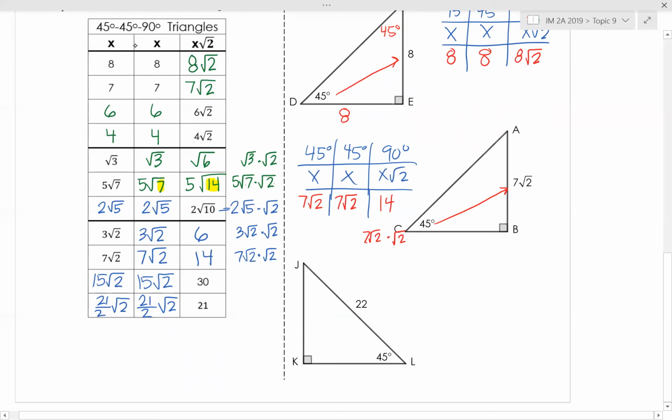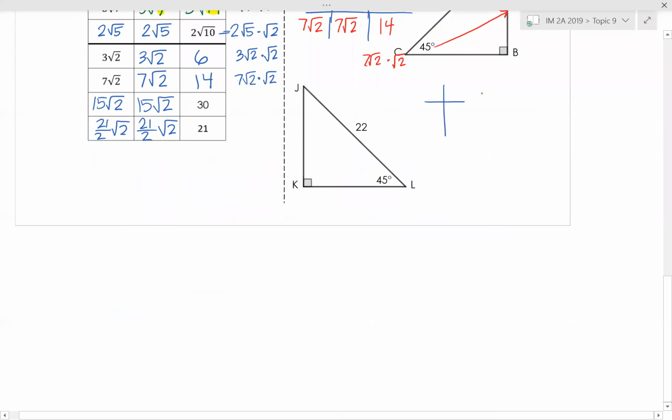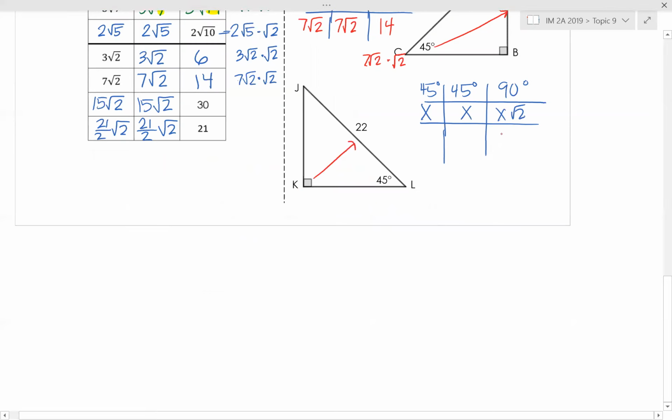And then for our last one, we're going to have a 45, 45, 90 right triangle. Sides x, x, and x root 2. And then looking at this one, this time they give us something that's across from the 90.